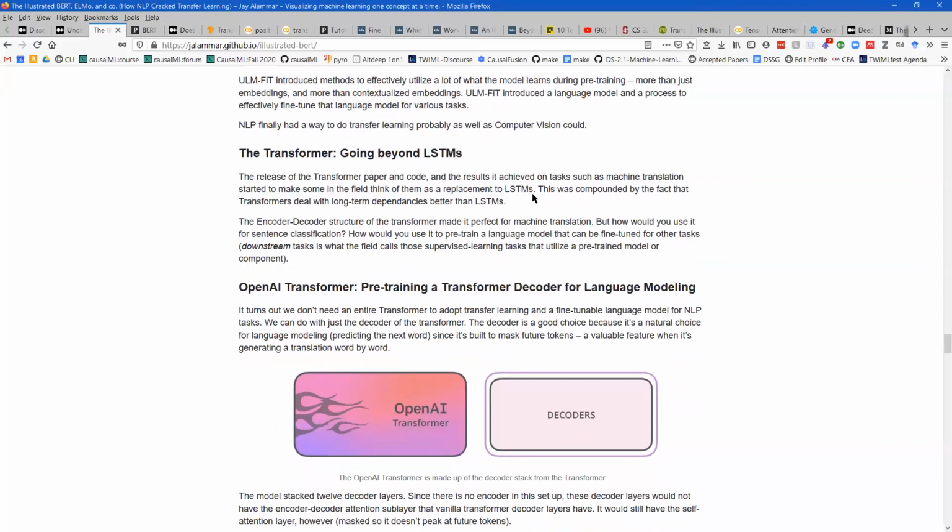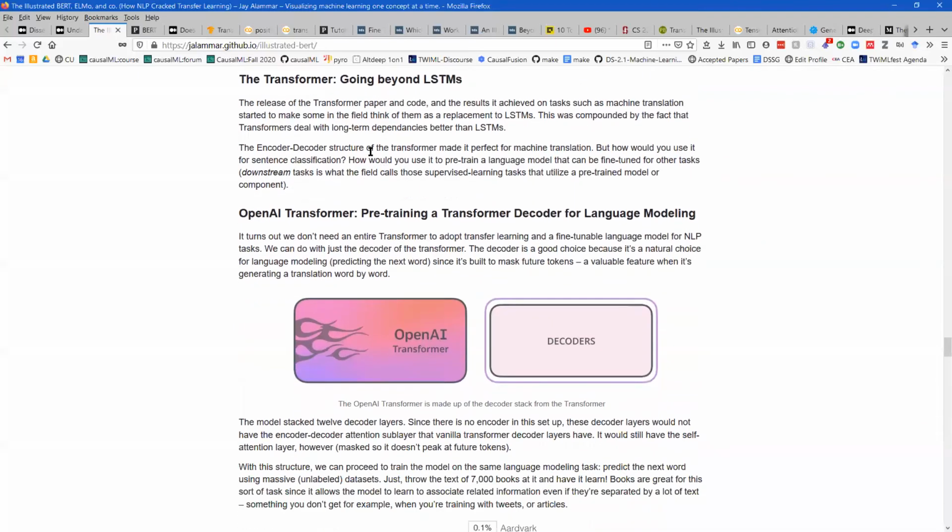So okay, now the transformer, going beyond LSTMs. The transformer was specifically trained for machine translation, and that's why it wasn't allowed to look forward.